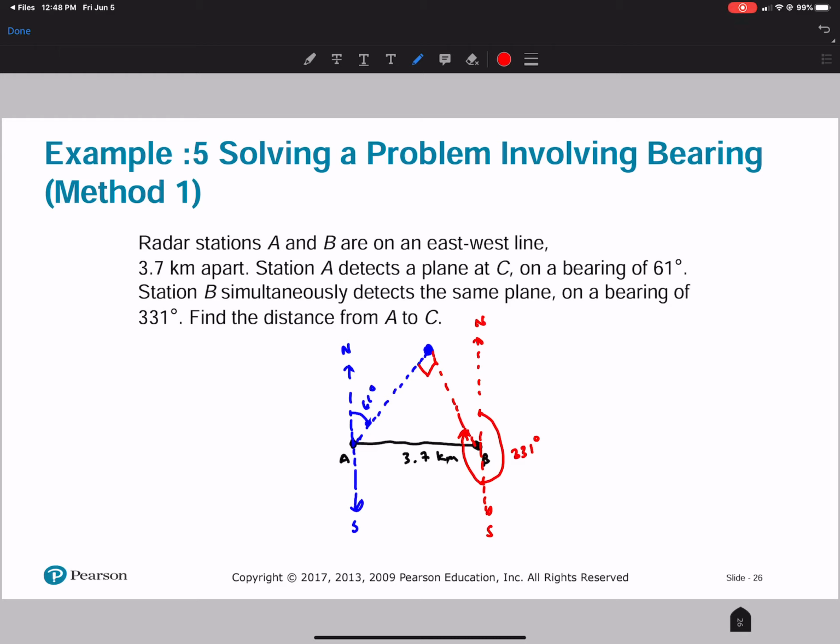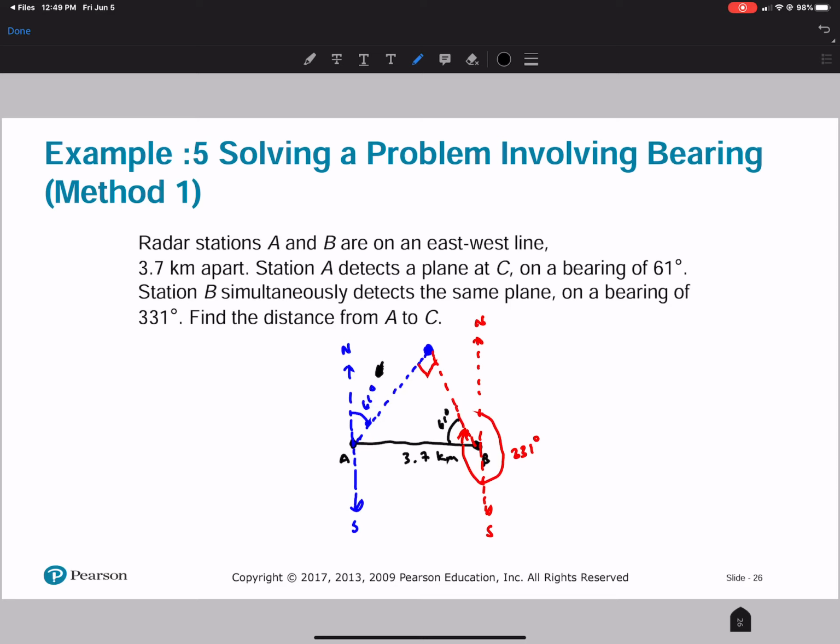Also, what we have to understand is, since this is 61, this would be 61. We could have found that easily because when we did our sketch, we had to go 61 more to get to 331 from 270, right? So let's keep looking.